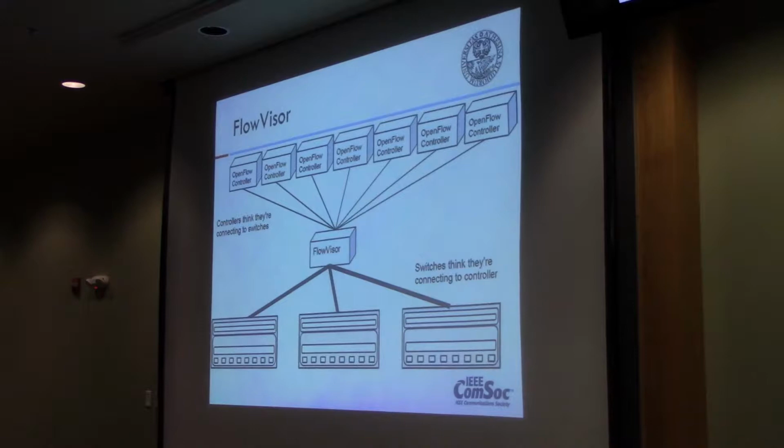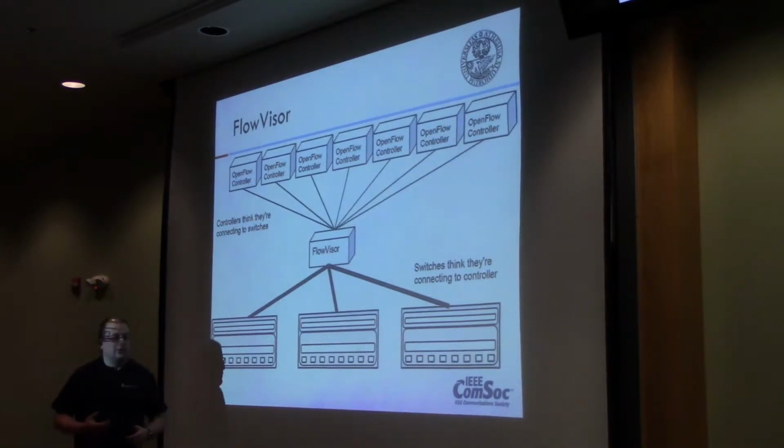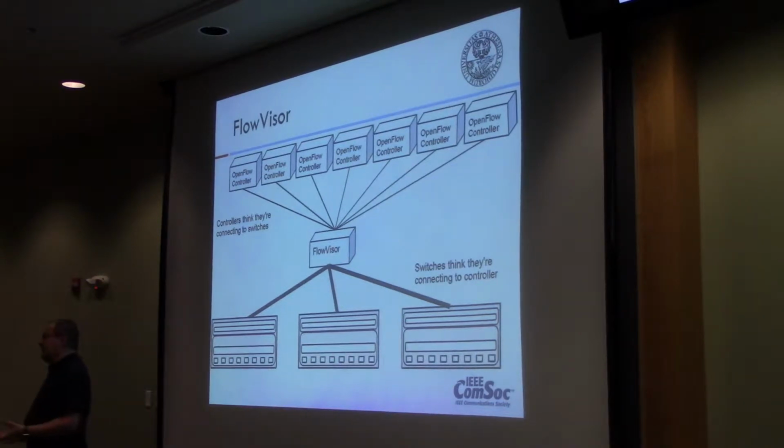And that is the key point for a functionality that we will see in a little bit, that is very well known, and it's one of the major advantages of virtualization, which is slicing. With FlowVisor, you can implement slicing of the network.